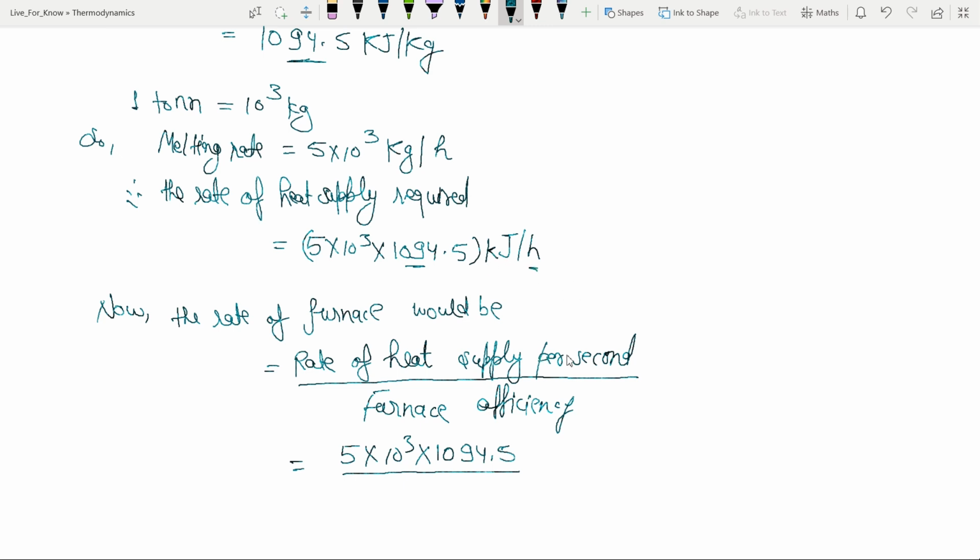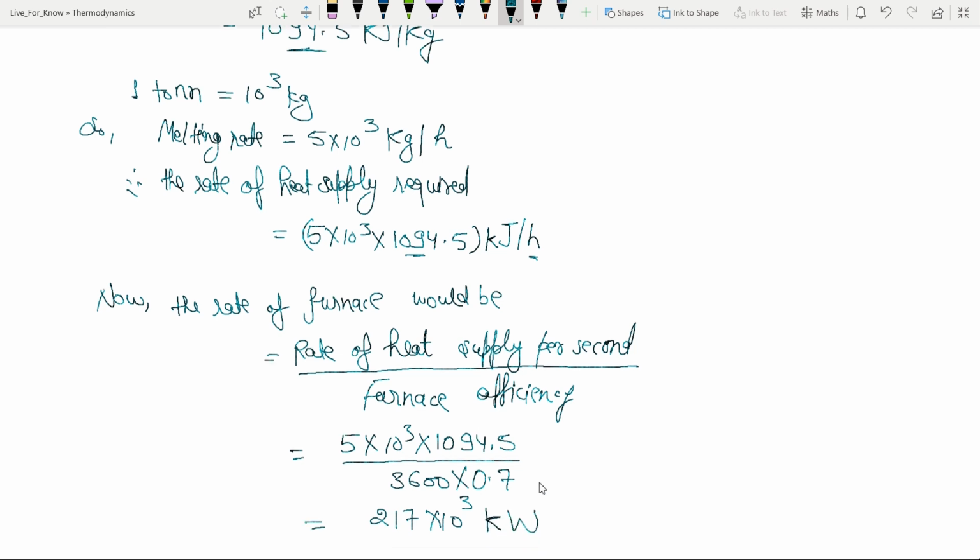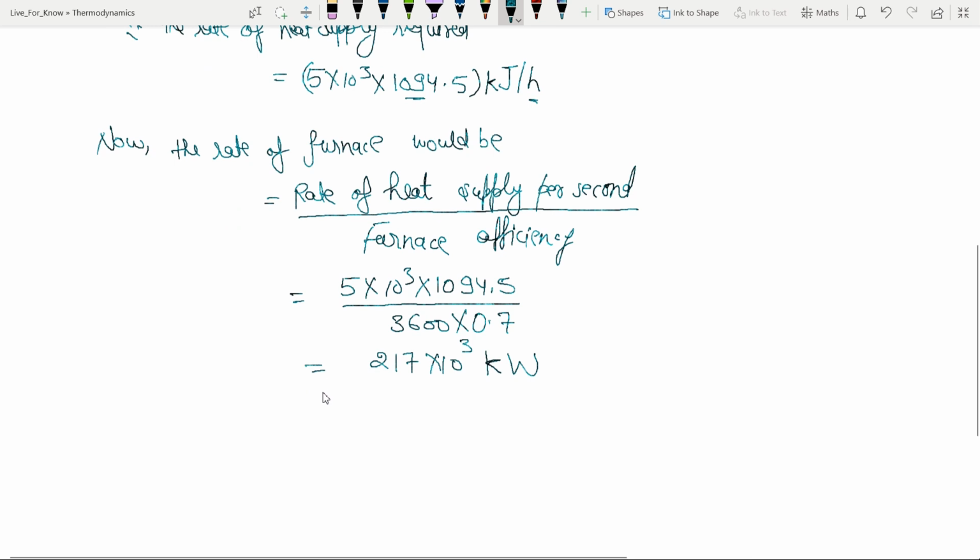Now we convert it from hours to seconds, so we divide by 3600, into 0.7, so we get 270 into 10 to the power 3 kilowatt. It is our first answer.